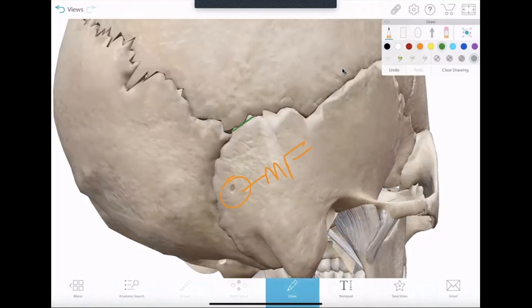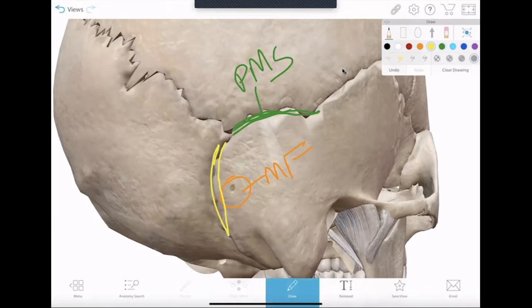This is the parieto-mastoid suture, and this one is the occipito-mastoid suture, right? So those are the, you see, this is a bony projection, the external occipital protuberance.